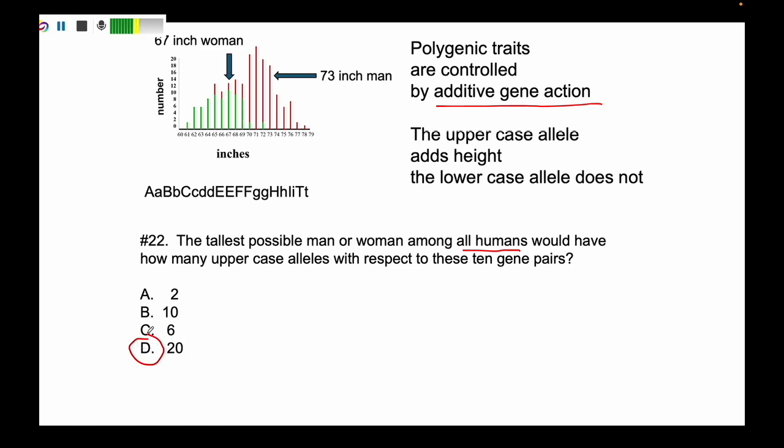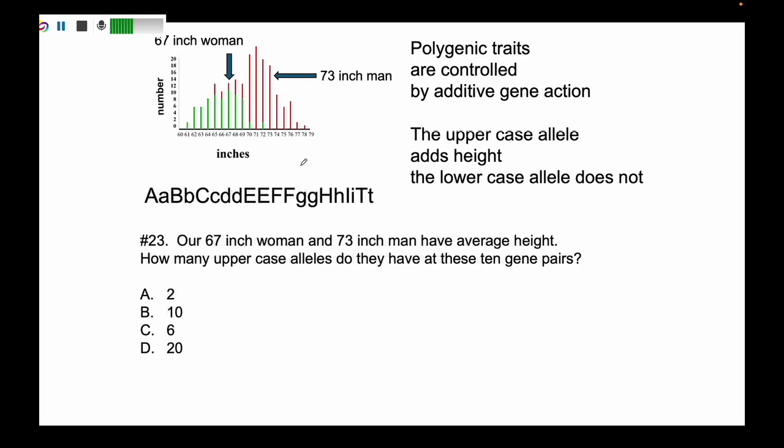So here's where we get into the concept of additive gene action, but we're applying it to the same data set, the same trait, and it helps the students add to their confidence because they're building on genetics thinking that they experienced the week before.